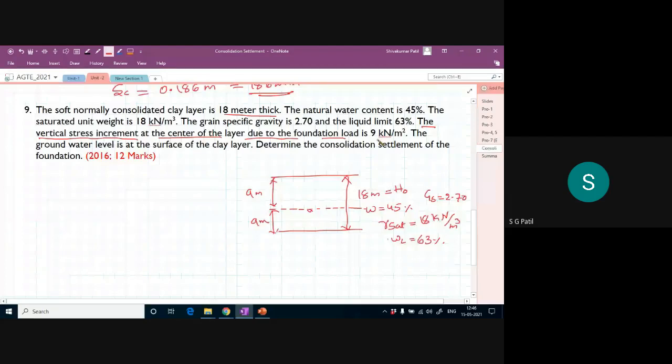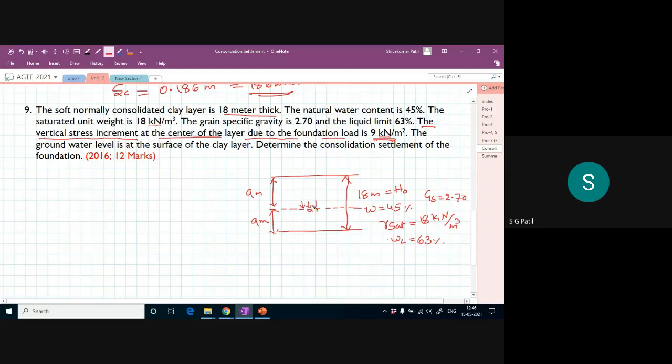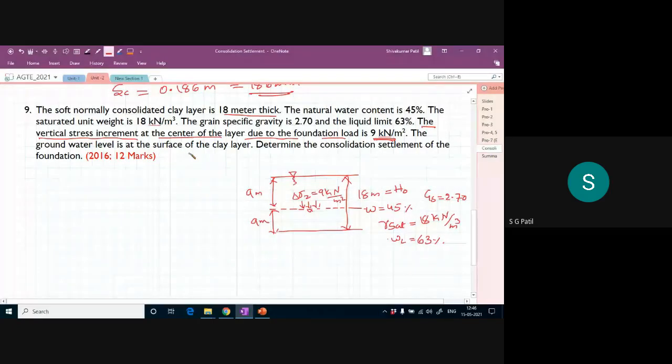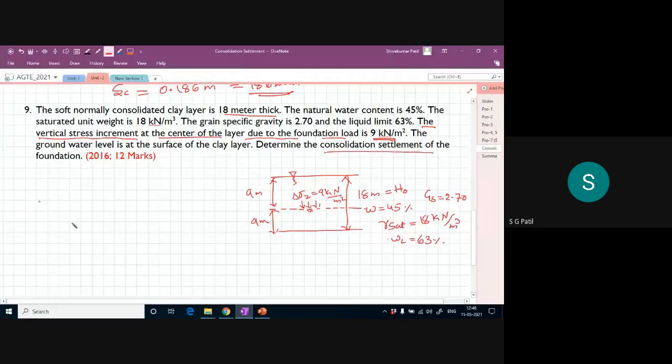Always at the center, we should calculate. So delta sigma z is equal to 9 kilonewton per meter square.